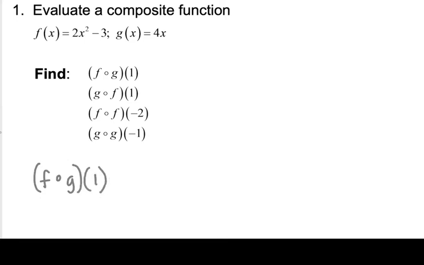I'm going to take 1 and I'm going to put it into the g function. So g of 1 is 4 times 1. So that gives me a 4 out. Then I'm going to take that 4 and I'm going to put it into the f function. So I put 4 into f and I get something like 29.